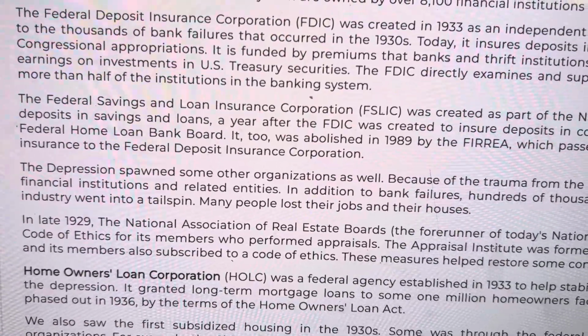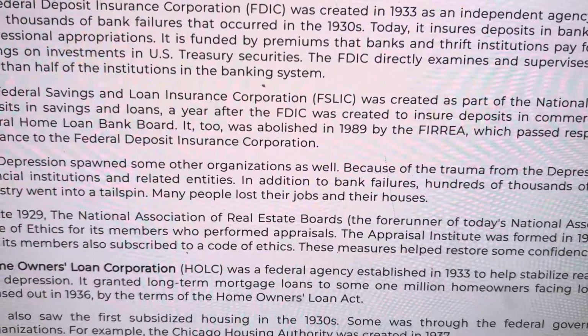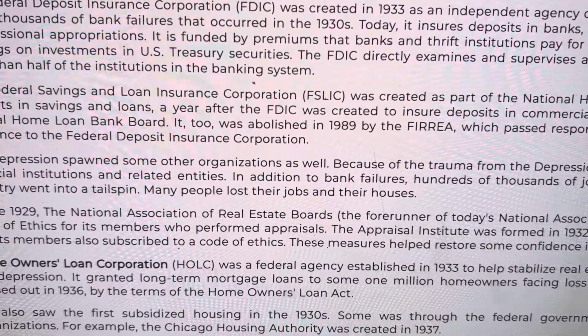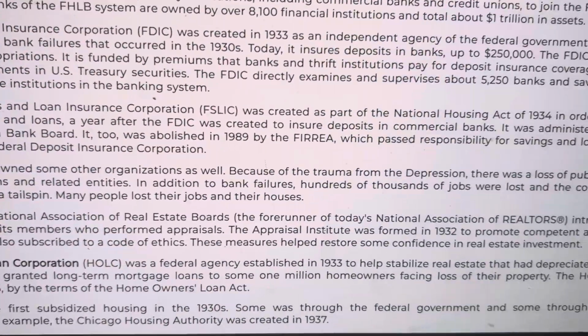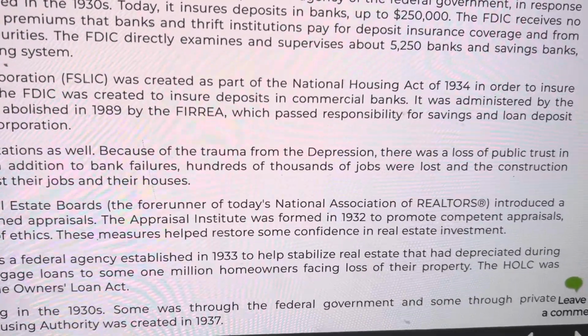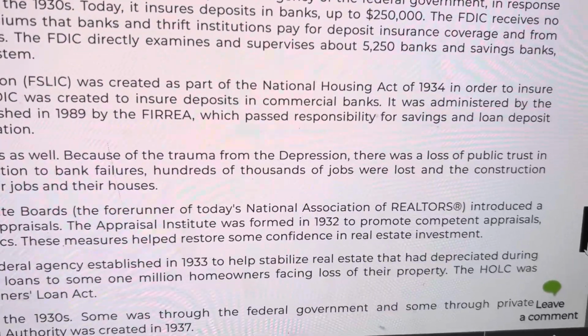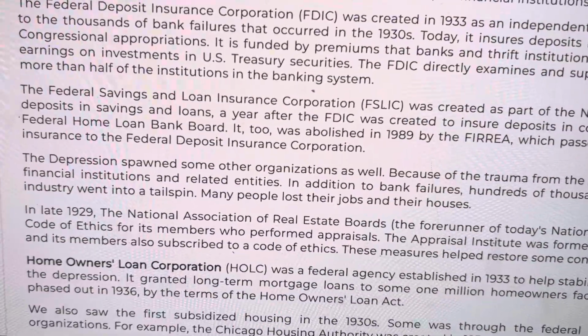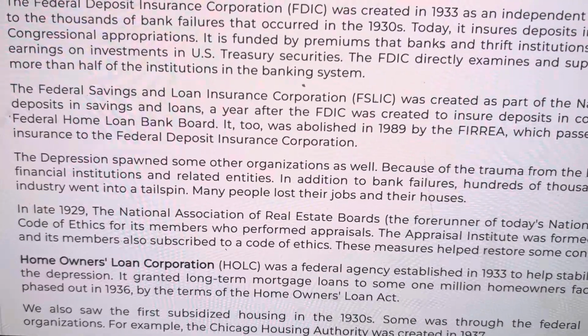The Federal Savings and Loan Insurance Corporation, FSLIC, was created as part of the National Housing Act of 1934 in order to insure deposits in savings and loans.